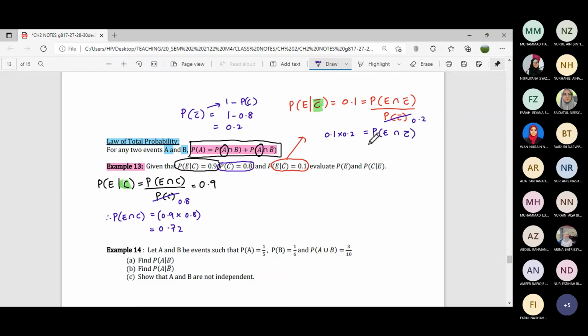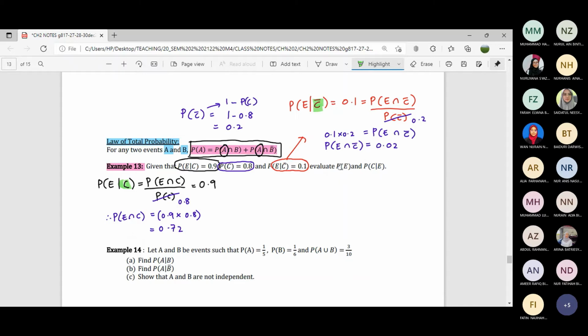Okay, so P(E and C bar) it is 0.02. P(E bersilang dengan C bar) 0.02. Okay, boleh menggunakan the third information. The first one E given C, the second is P(C) and the third is E given C bar. So from E given C bar 0.1 times 0.2, 0.02. So we will use this value.